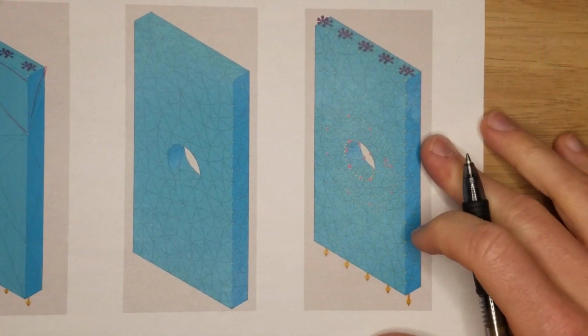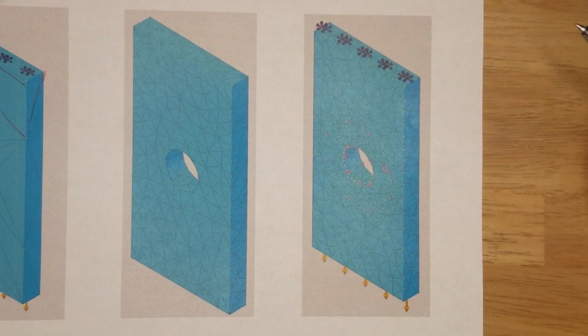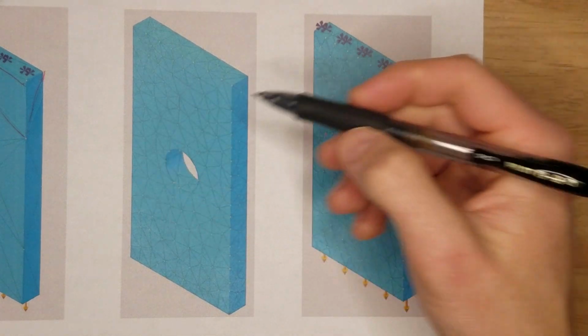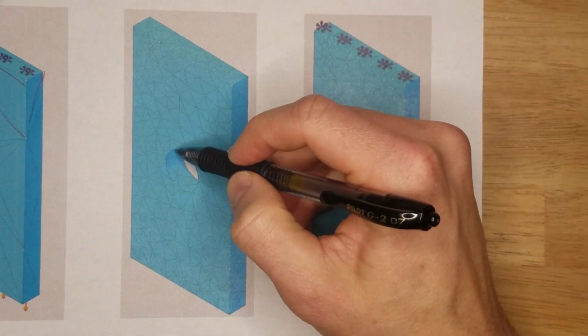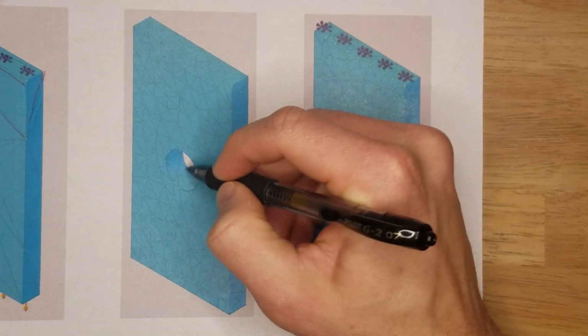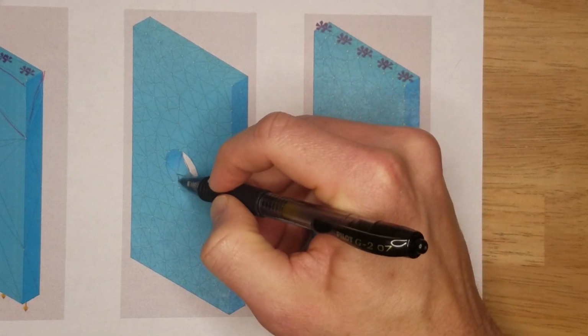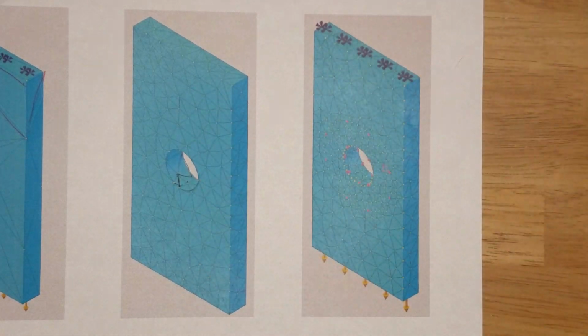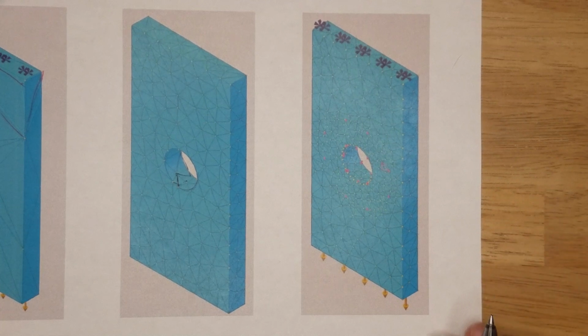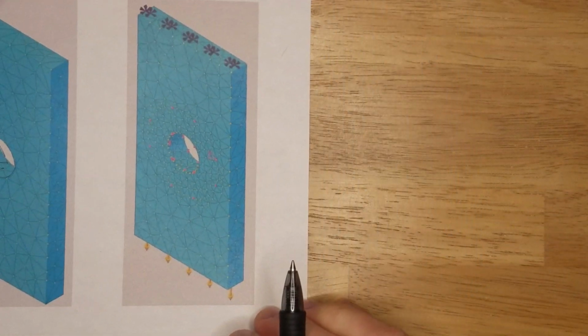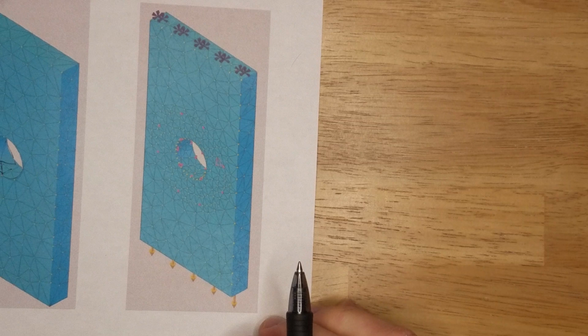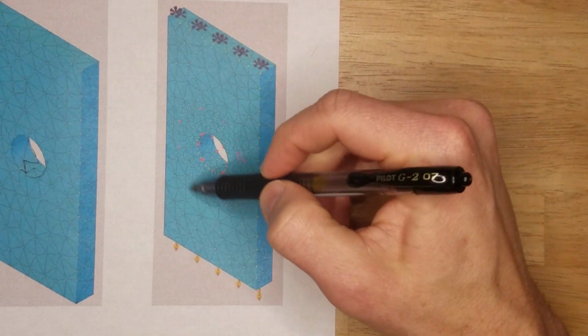So kind of the next thing to do would be, all right, well, let's just increase our number of elements. I got elements all over the place here. I've got better approximation around my curve, but still I've got some big elements next to some little ones, and that's probably not going to give us the great results. The next thing I could do would be increase the count even more. And I've got lots and lots and lots of elements around here.